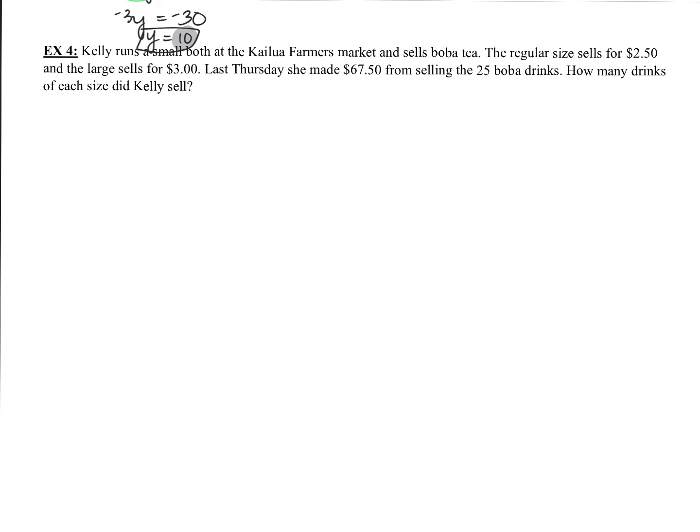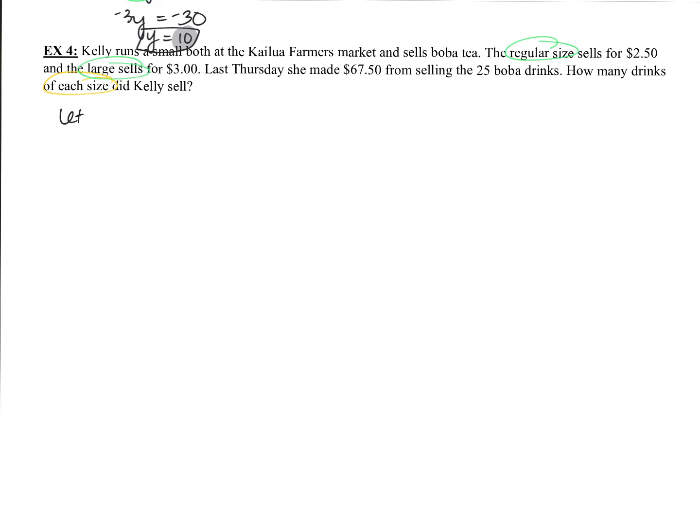Well, we can't really do much of a diagram for this one, so we're going to do a regular let statement. What are we trying to find out? We're trying to figure out how many drinks of each size she sold. And how many sizes does she have? She has a regular size and a large. So we have two variables. Awesome.